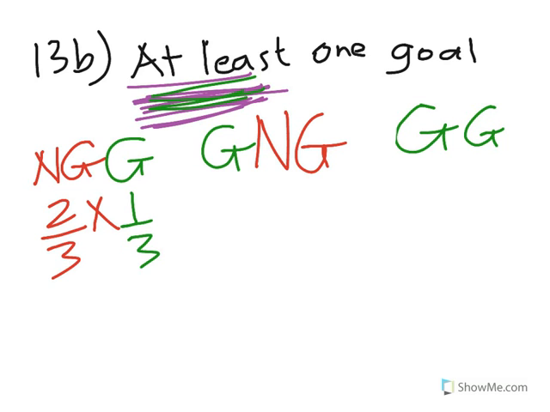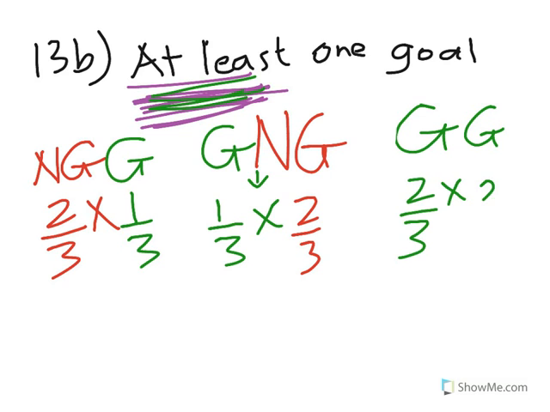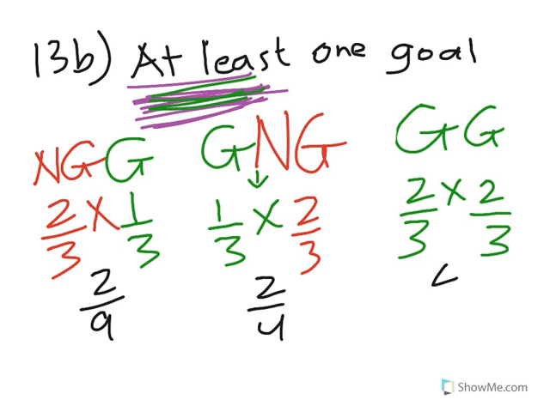And the last one is the probability of her scoring a goal in the first shot times the probability of her scoring a goal in the second shot. So now, this simplifies to 2 over 9, this simplifies to 2 over 9, and this simplifies to 4 over 9.